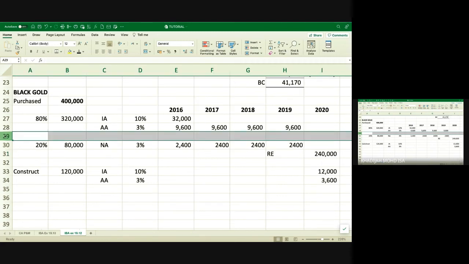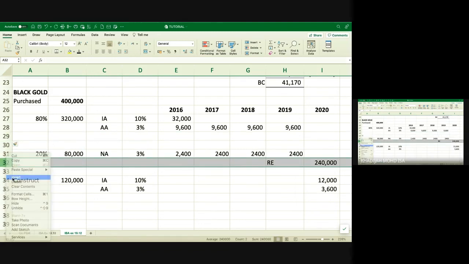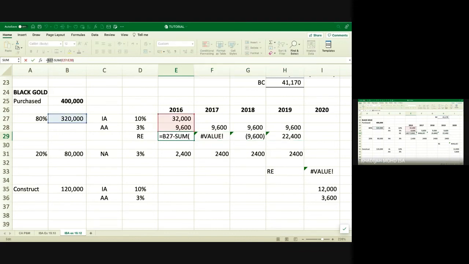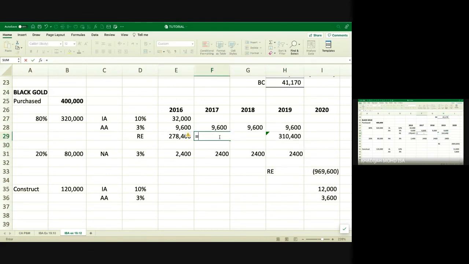Insert. So if you were to compute RE every year, your total QE minus the sum of what you have claimed here. If you do it like this, can you get it?